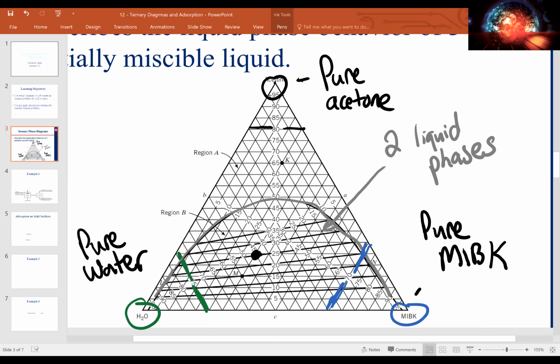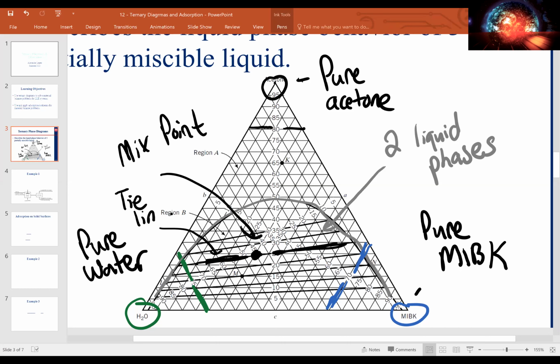That mixture at equilibrium would split into two phases. So if this was my mix point, I would have two liquid phases form. And the way I determine the composition of those two phases is I follow this line here. And this is what's known as a tie line.